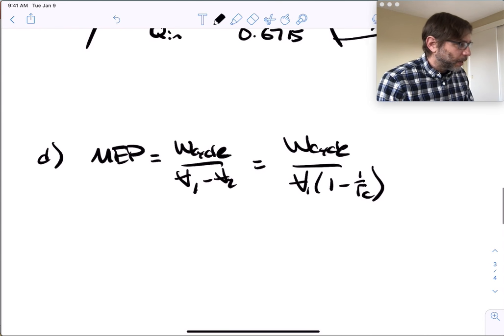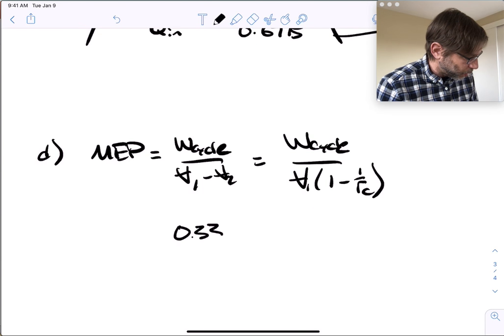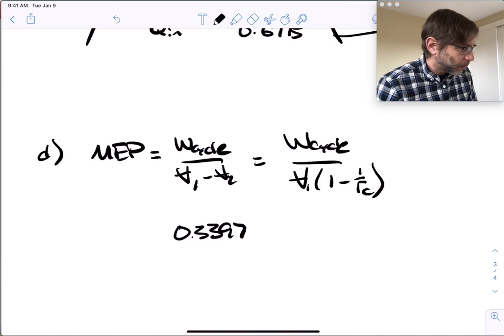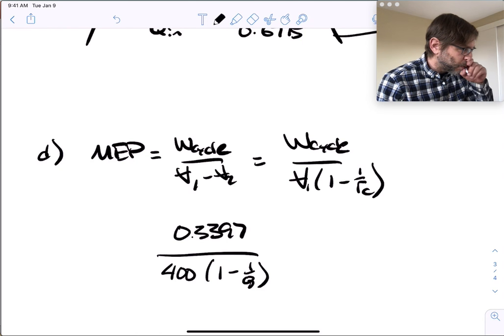So if we put this all in, we have 0.3397 divided by 400 times 1 minus 1 over 8.